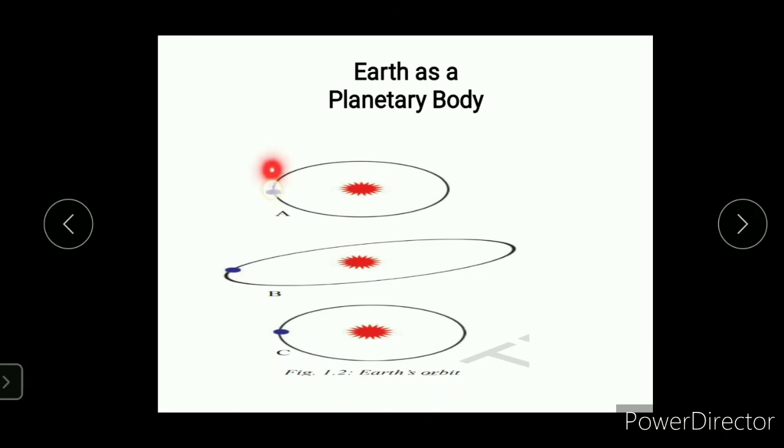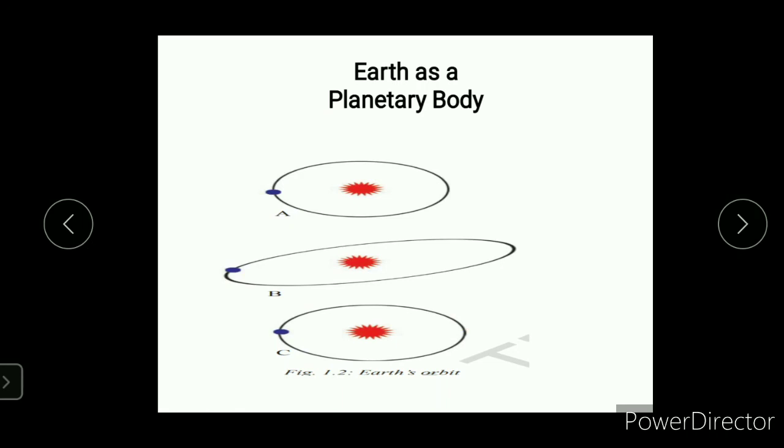So whether the path of the earth, which we call the orbit, is in a circular form or in an oval path, or a scaled oval path. Here, this is the orbit, the path.